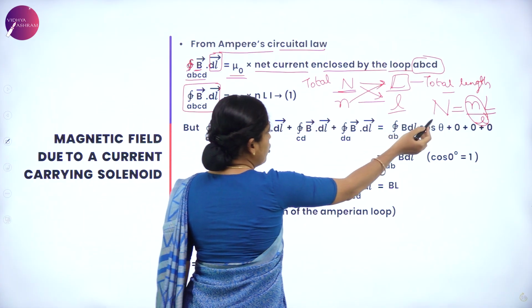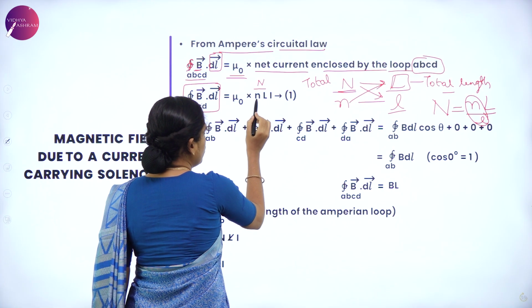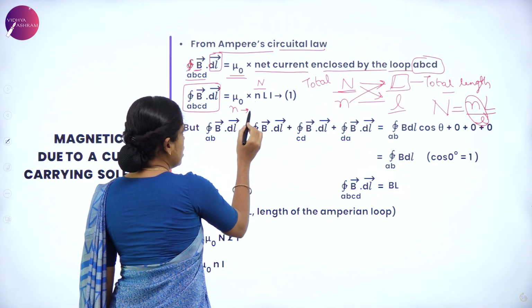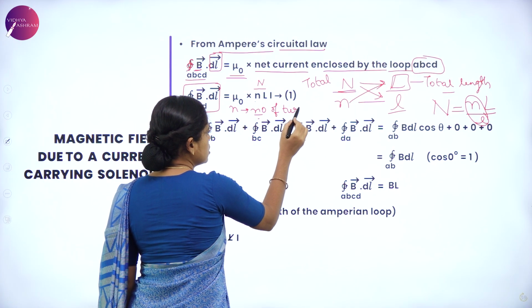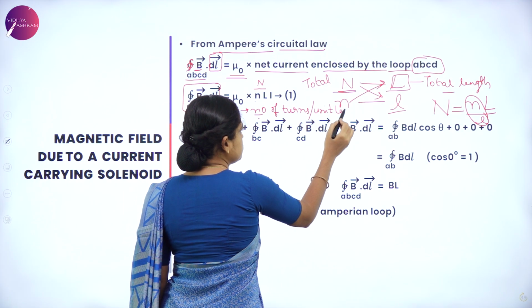So the total number of turns N is equal to nL, where n is the number of turns per unit length.